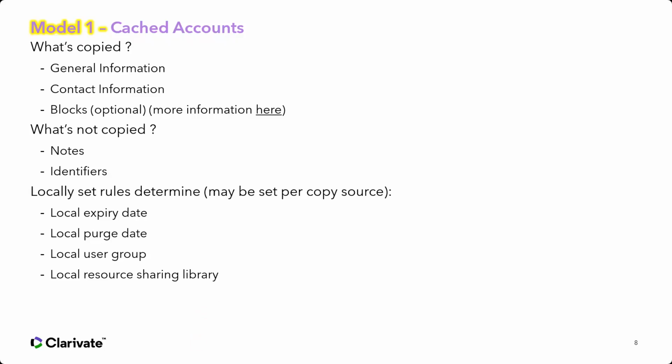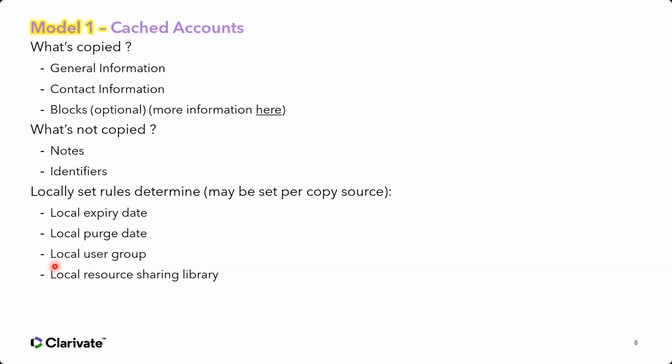So the other bit here is that institution B can also determine using rules what user group the account will be assigned at institution B. For example, a classic use would be to have all these guest accounts be created with a user group that says guest account.